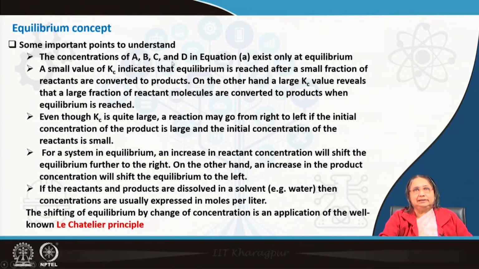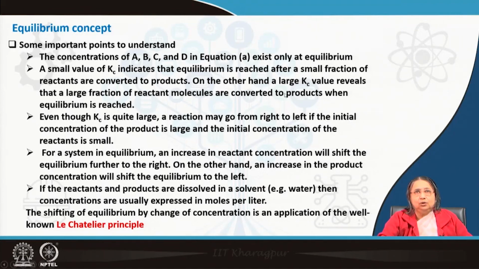This is the equilibrium concentration, you must remember it. When you obtain a very small value of K, what does it mean? It means that equilibrium is reached after only a small fraction of reactants are converted to products. That means the product obtained is less compared to the reactants that we are taking.